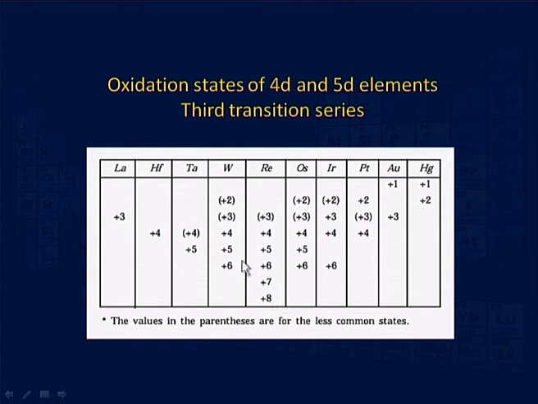However, in the middle of the series, rhenium has the maximum oxidation state, and it decreases as we move from rhenium to osmium to iridium to gold, and finally mercury exists in only two oxidation states, +1 and +2. In the old terminology, mercury can be +1, that is mercurous, and mercuric, that is +2.